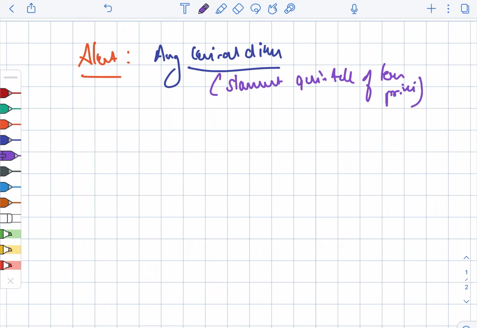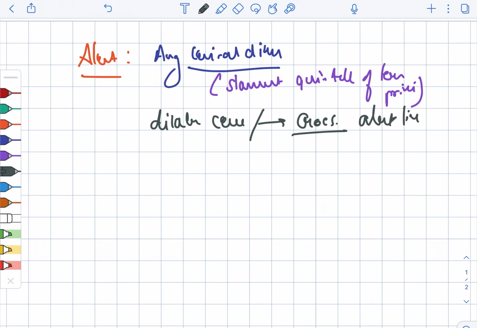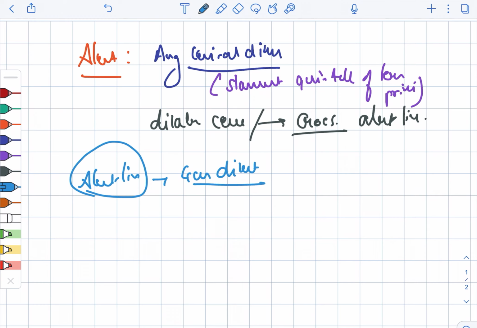In case the dilation slows down or ceases, the plot will cross the alert line. Next, the alert line starts at 4 cm dilation, and the expected dilation is about 1 cm per hour.